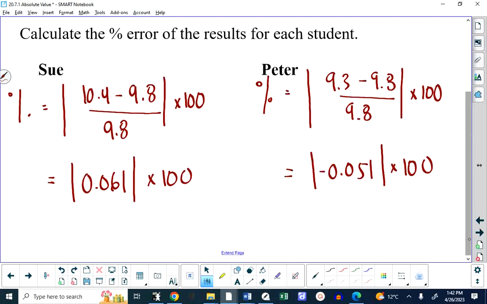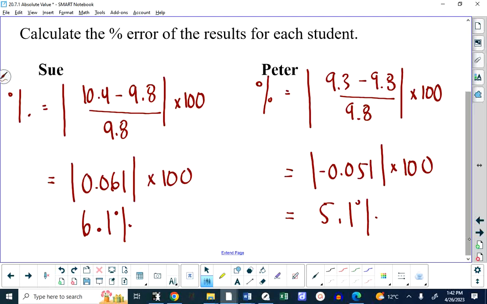So if you take the absolute value of 0.061, you get 0.061 times 100 is 6.1%. If I take the absolute value of negative 0.051 and times 100, I get 5.1. And we're done with the math lesson.